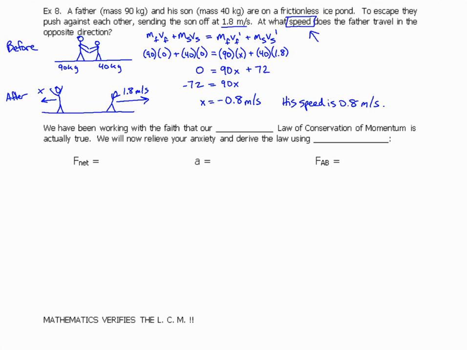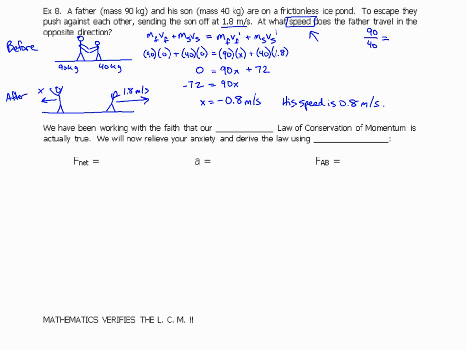So let's think back to the paragraph above where we compared the ratio of masses and the ratio of speeds for the cannonball. So the original ratio of the masses, 90/40. Father's mass, son's mass. Remember the ratio of the masses, the cannon to the ball, was 200 to 1.